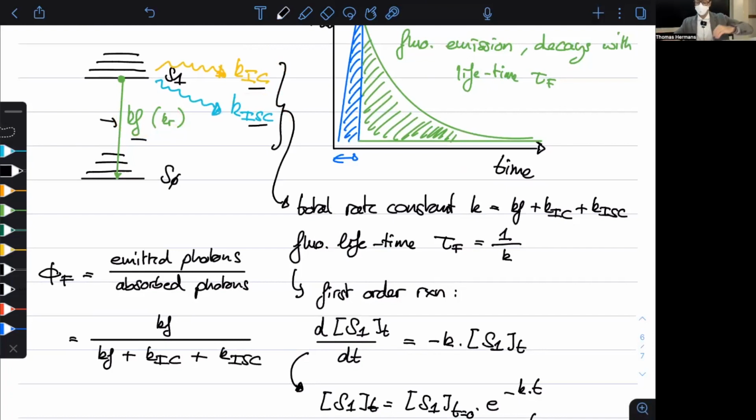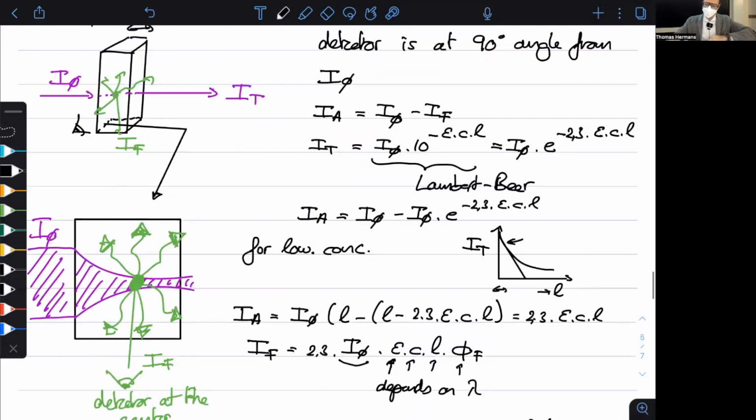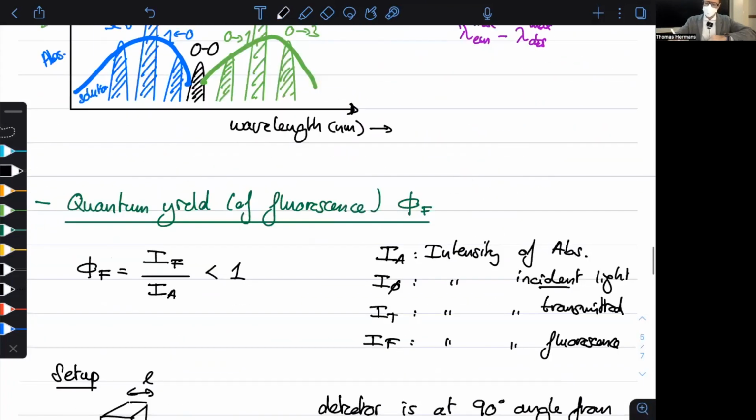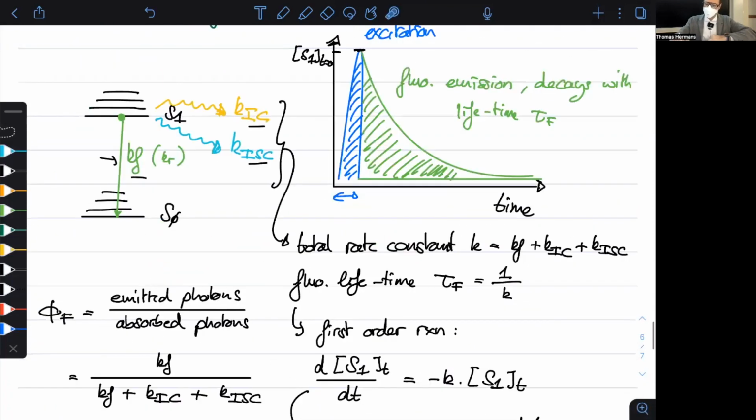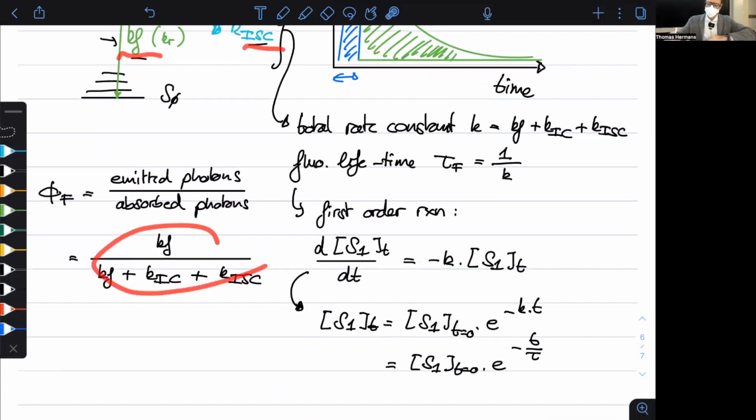And so that's a different way to look at quantum yield. Before we said quantum yield was the intensity of fluorescence over that of absorption, which is also true. But if you know these rate constants, you can also calculate this quantum yield.